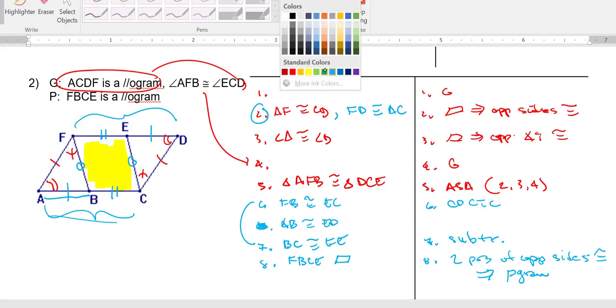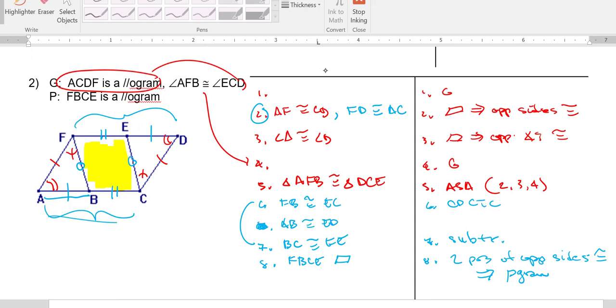I'm going to just quickly show you another way, because you can, and that's the tough thing about this. When I'm grading these, there's so many ways to get to a parallelogram, but you could have done something like this. I could have said, hey, this is congruent to this, CPCTC, which means, of course, this is congruent to this, by either substitution of congruent angles or the subtraction property.